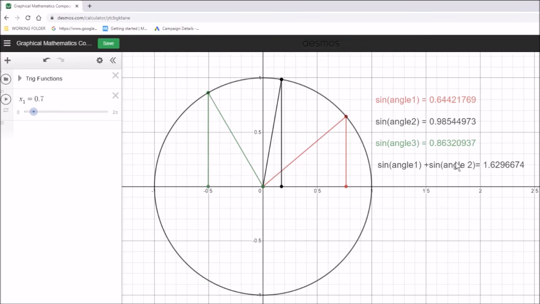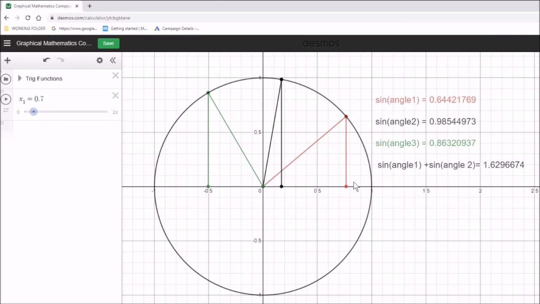The sine of angle 1 plus sine of angle 2 is a value of 1.629, but the sine of angle 3, which is the big angle round here, is 0.863. So this shows us quite clearly why it is that whenever we work out the sine of alpha plus beta, it's not the same as the sine of alpha plus the sine of beta.